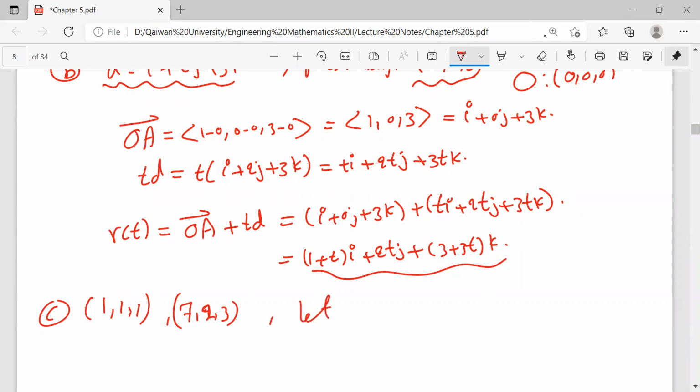We let A be (1, 1, 1). We pick any of these 2 points to be A. Then OA is (1, 1, 1), which equals i plus j plus k.